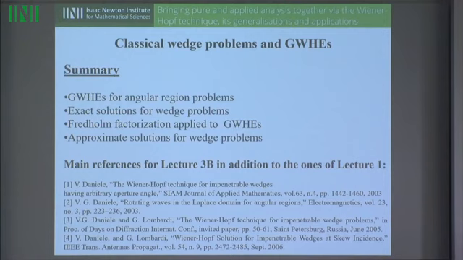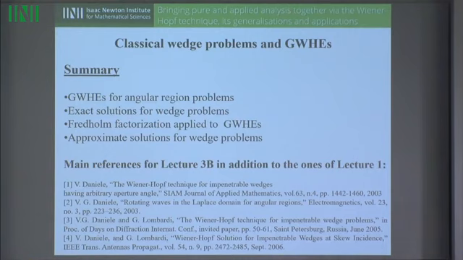The summary is reported here. So we'll show generalized Wiener Hopf equation for angular region problems. The classical example is a wedge problem, and we show some exact solution to be compared with the Sommerfeld-Malyuzhinets technique, starting from the easiest one, the perfect electric conducting wedge.